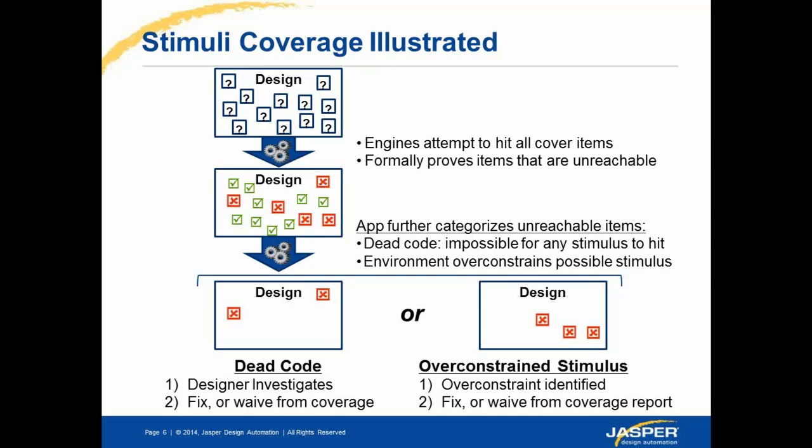If the unreachables in your second run are intended, are expected because of the constraints or any other design artifact, then your designer can just waive them. But if they are contributing to an over-constraining scenario, then the designer or the verification engineer can fix your constrained formal test bench or your constrained environment. And this is the basis, or concept, of stimuli coverage.